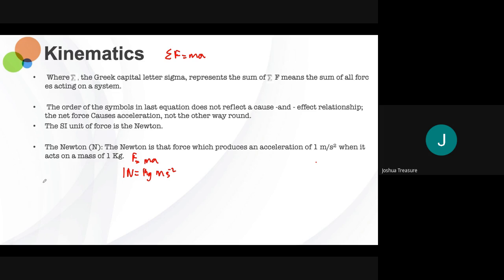All right, so moving on, let me change the color of this. Now, if we have again F equals ma, what is the formula for finding acceleration again?